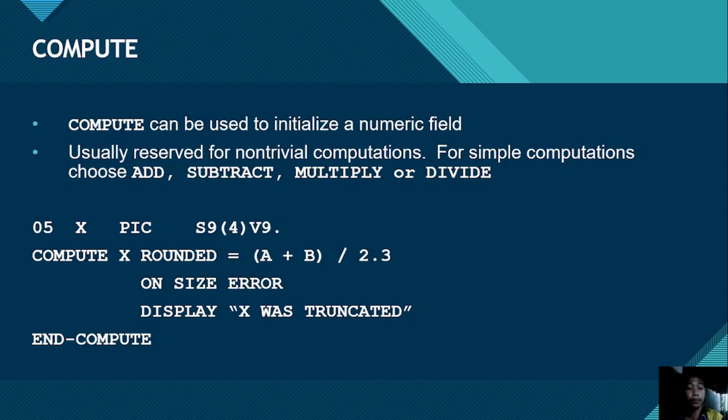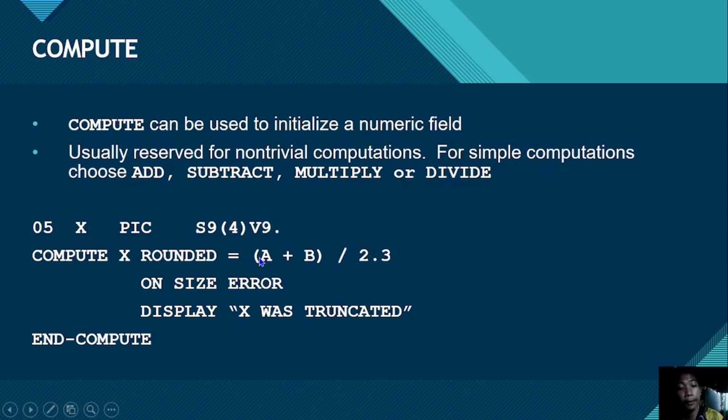So here the value of x has a value of positive 4 digits and decimal 0. So a plus b divided by 2.3.